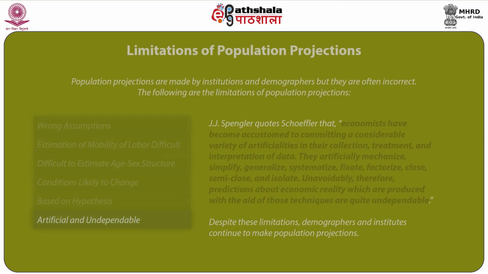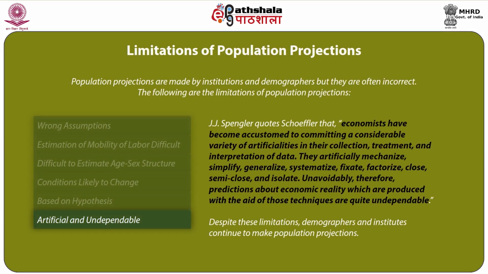Number 6, artificial and undependable. J.J. Spengler quotes Scholler that, quotation, "Economists have become accustomed to committing a considerable variety of artificialities in their collection, treatment and interpretation of data.